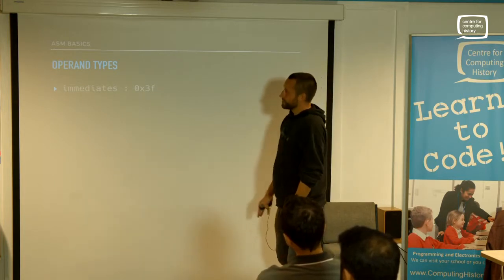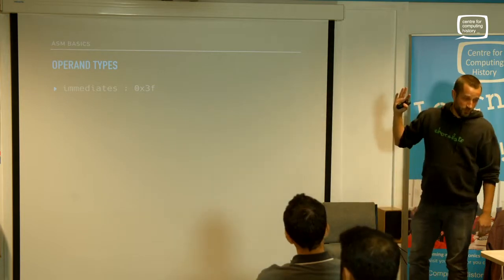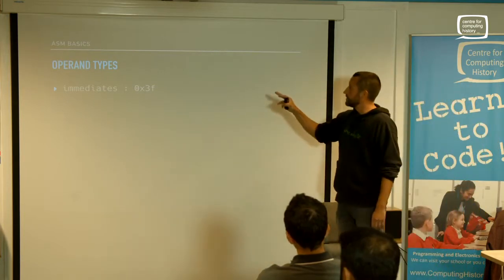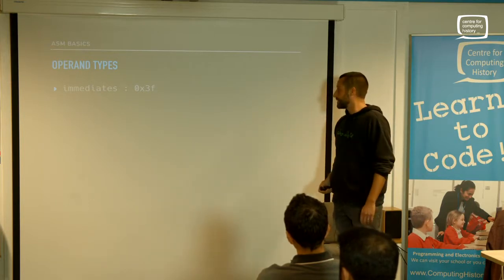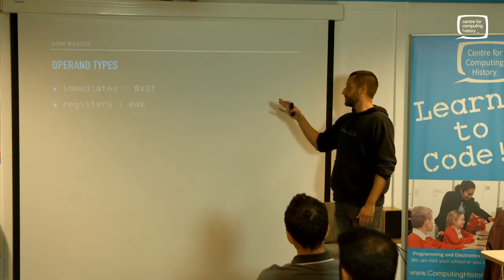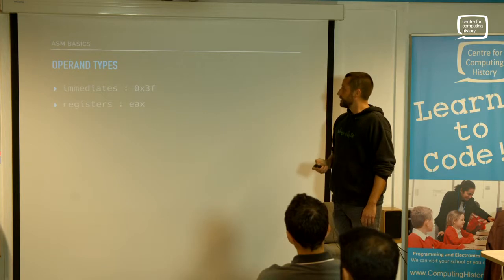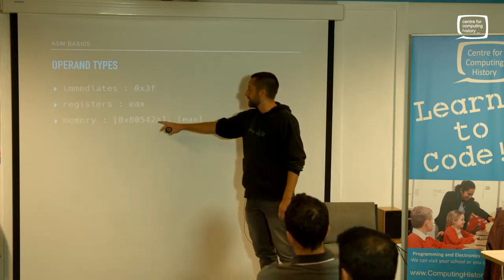For every operation, there'll be operands, and there's three types. There's immediates, which are just standard numbers, any sort of 0x3F. There's registers, which is the register value itself. And there's memory addresses, so this is actually the memory reference.